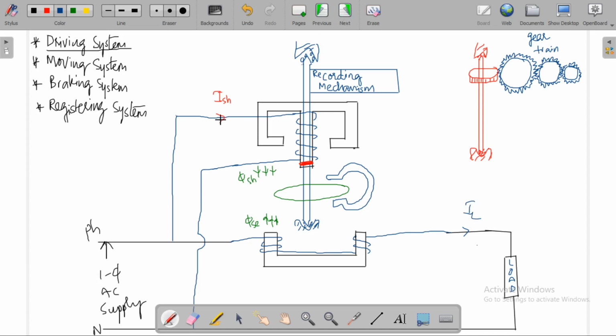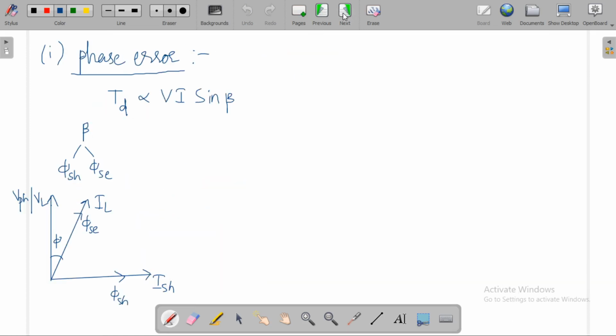Because of ISH, phi SH will be produced, so phi SH is in phase with ISH.